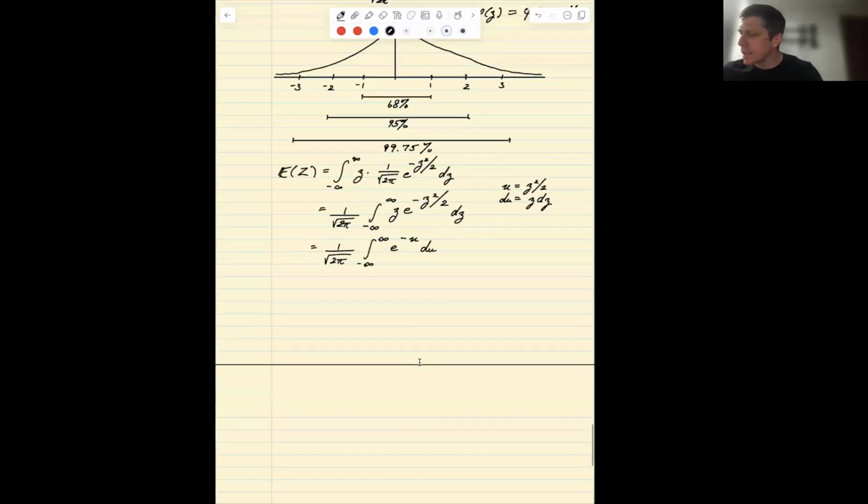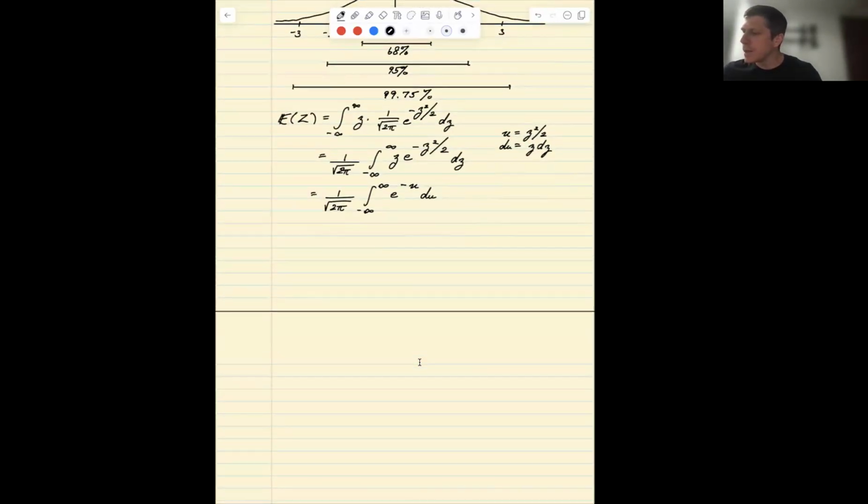We'd have to break this up into 2 parts first, but we would do that. So this is equal to the negative part and the positive part.